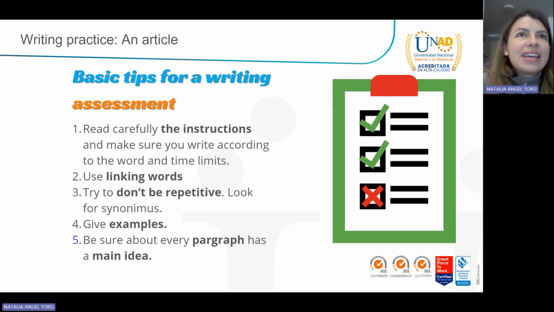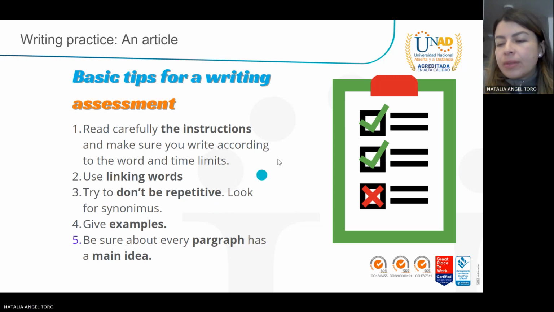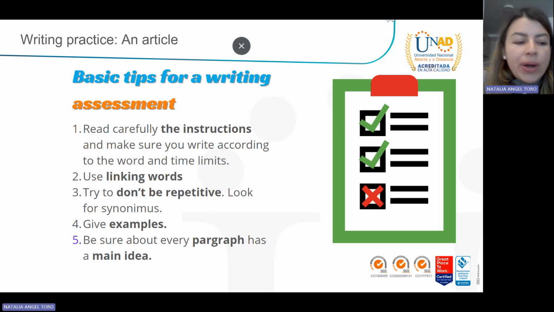For example, you can say it's relevant. So you don't use it's pretty important or it's very important. It's relevant to make that before the time finishes. It's relevant. So it's just to look for synonyms and use them.